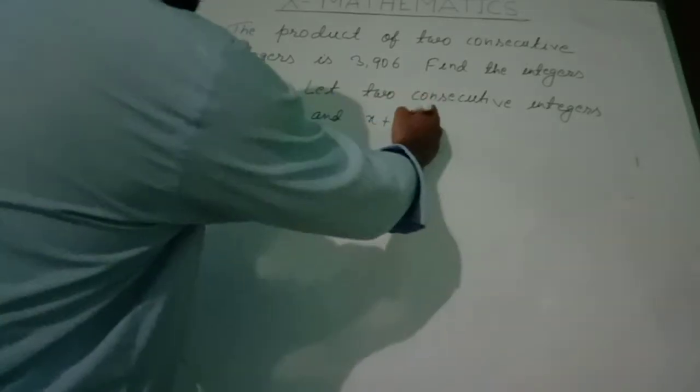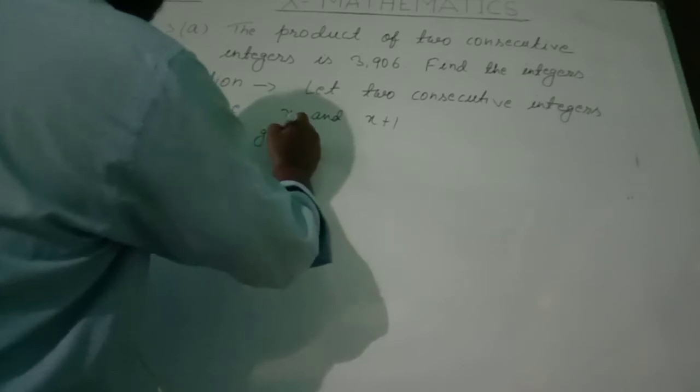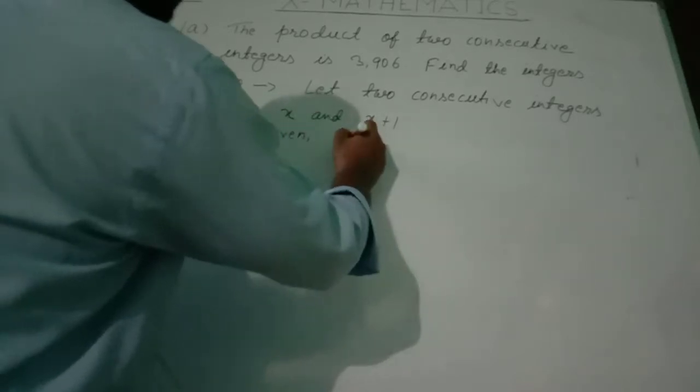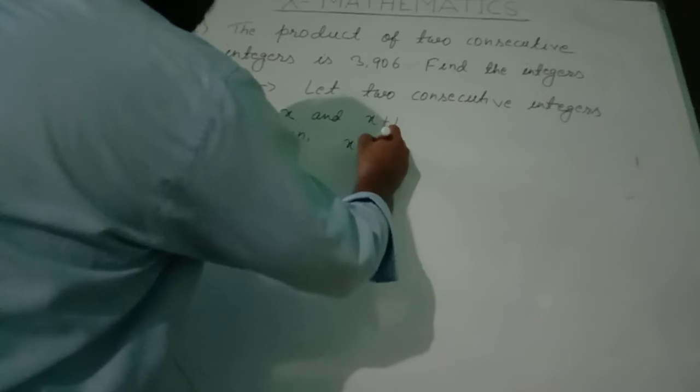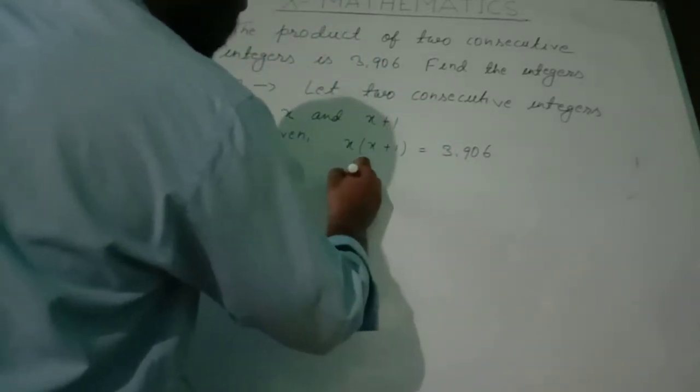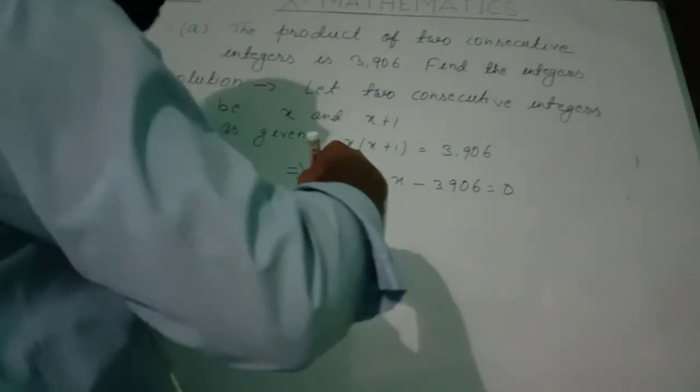Then we write as given in the question, this product is x into x plus 1 is equal to 3906, implies that x square plus x minus 3906 equal to 0.